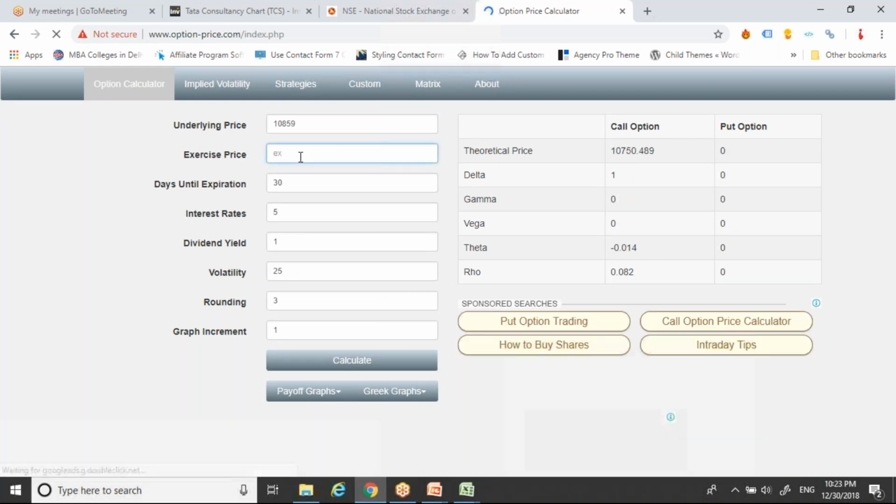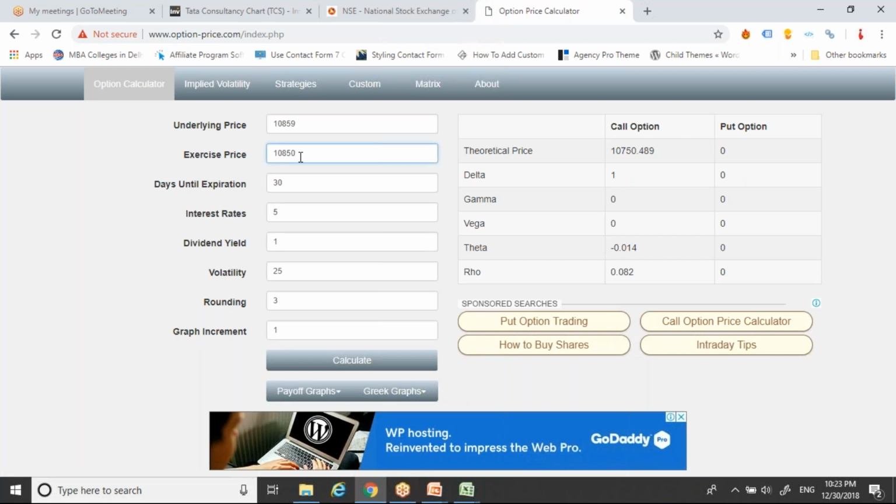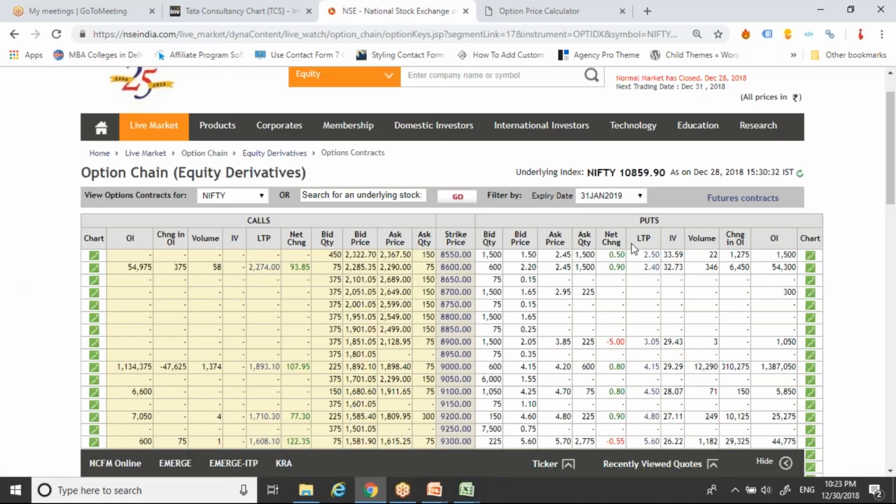Strike price, let's suppose, is 10,850. I'm taking that. Now days till expiration. Today is 30th, expiry is 31st January. So we have almost 31 days, but this is the price of Friday, so we have 31 days plus 2 days, 33 days.